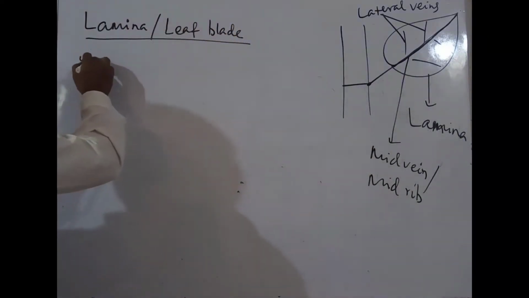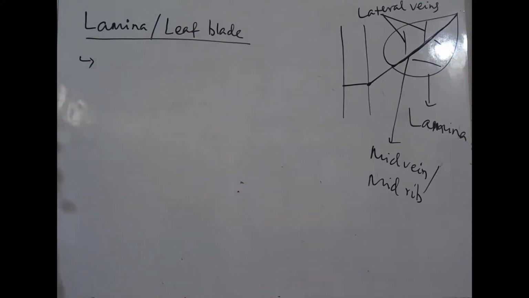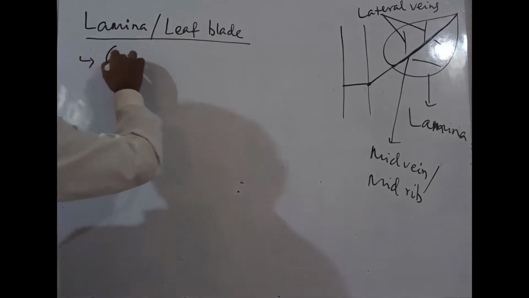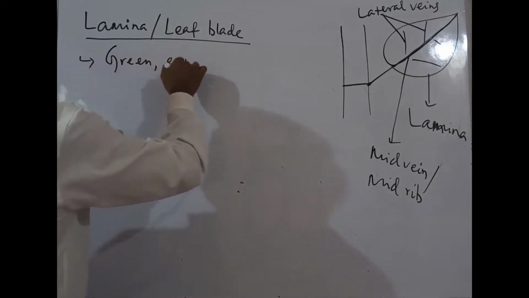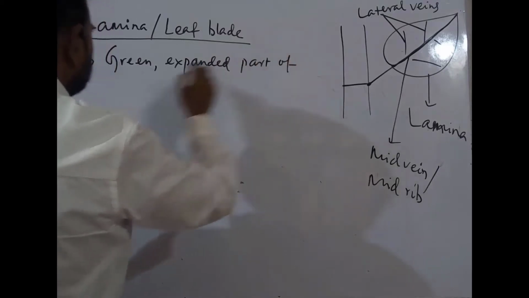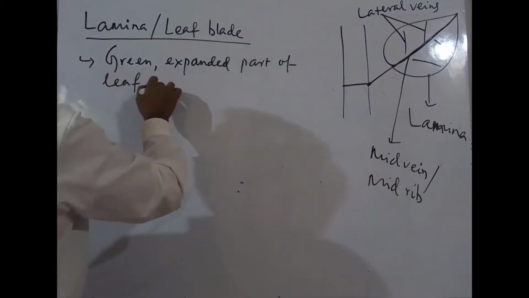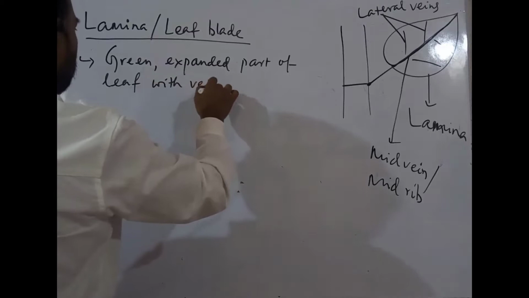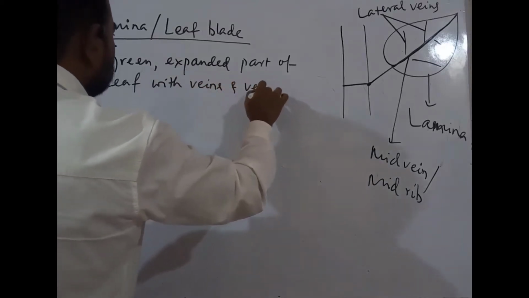So, what is lamina or leaf blade? It is the green expanded part of leaf with veins and veinlets.